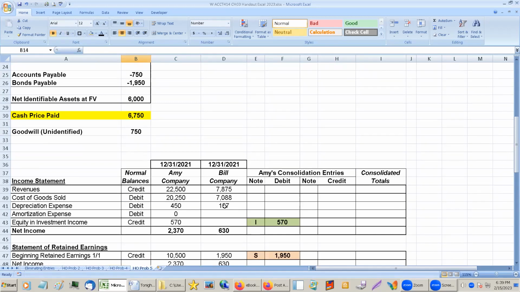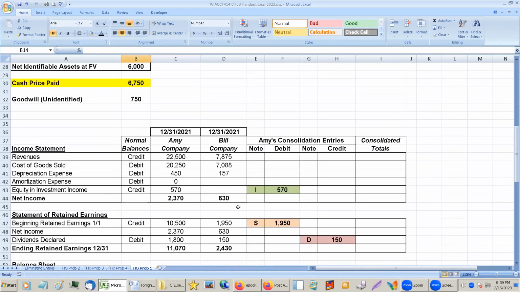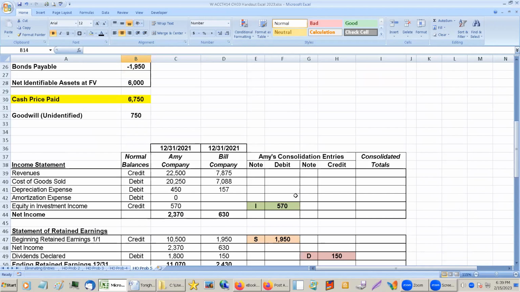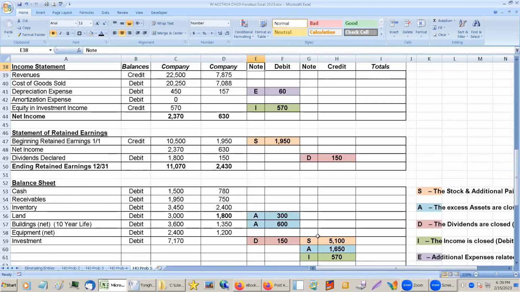All right, so. And the weird thing about the expense one is that it's the only one that doesn't go through the investment account. It comes down here to be taken out of the asset.